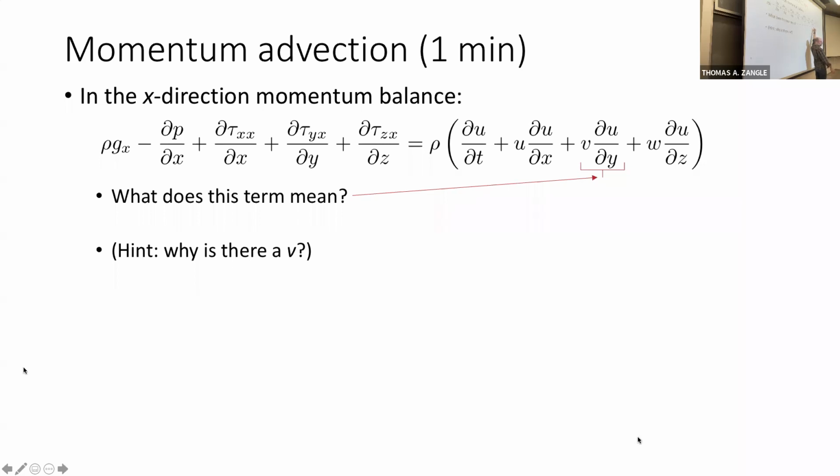So times the rate of change of the x velocity in the y direction. And we would get this by tracking fluxes through the faces, yes. But this has something to do with net flux.